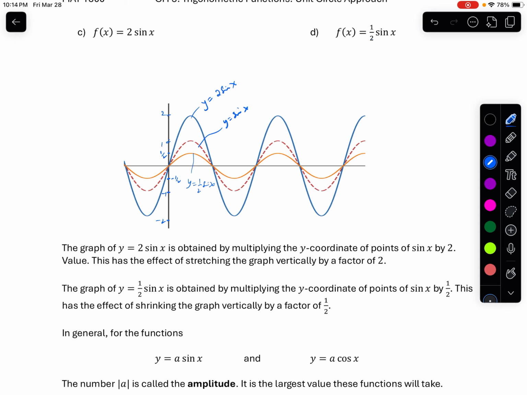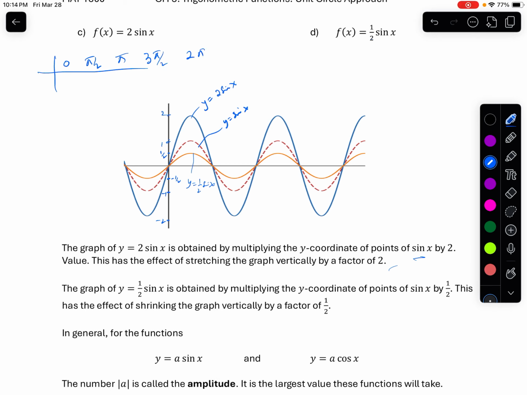What are the y coordinate points? They will be the values of sine x for the different x values that we calculate. So each value will be multiplied by 2. For example, if you recall in the first graph of sine x that we drew, we took the values at 0, pi over 2, pi, 3 pi over 2, and 2 pi.